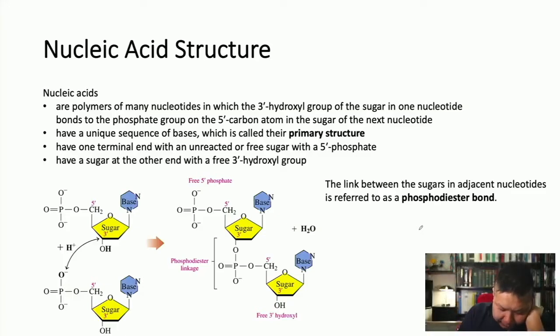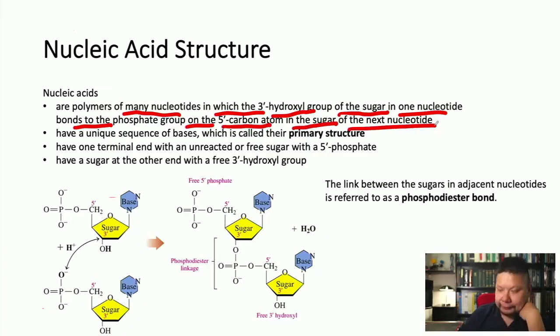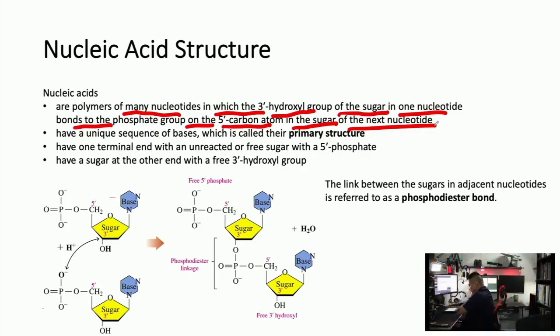And so polymers are many nucleotides in which the 3' hydroxyl group of the sugar in one nucleotide bonds to the phosphate group of the 5' carbon atom in the sugar of the next, right? So this is actually the opposite of what I showed you before with breaking the nucleic acid apart. We're actually bringing nucleic acids together now, right?